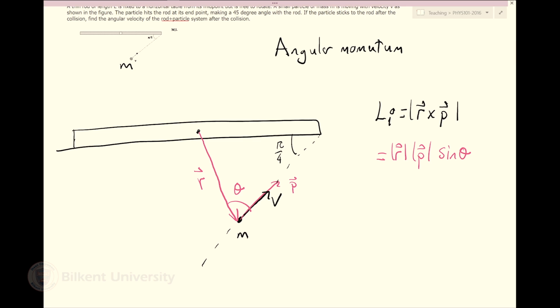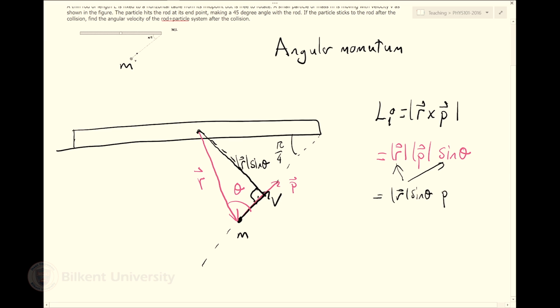Now, if I look at the distance of closest approach, what's this length from the pivot point to the point of closest approach? There's a right triangle here. It's going to be r magnitude sine theta, exactly what I need. So I can write this as r magnitude sine theta times p magnitude.